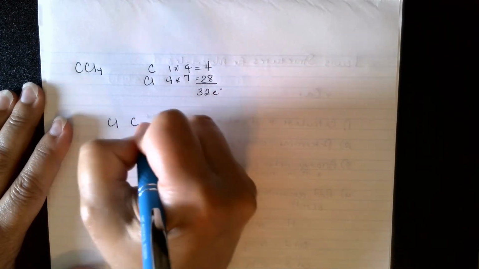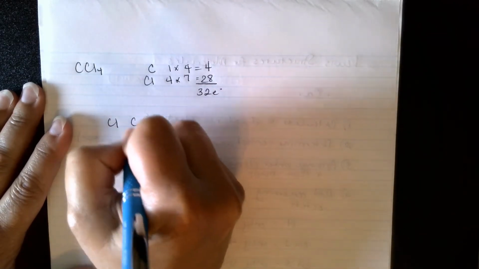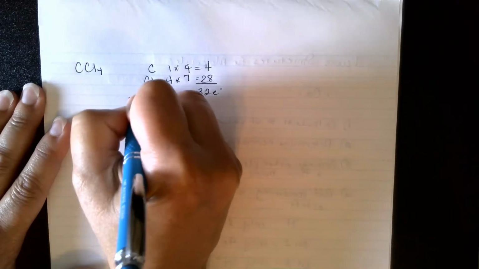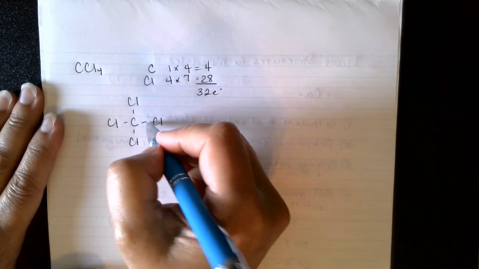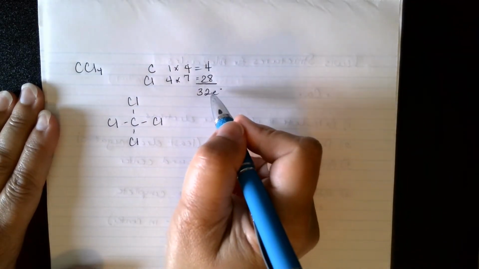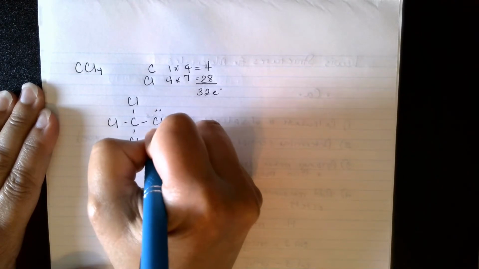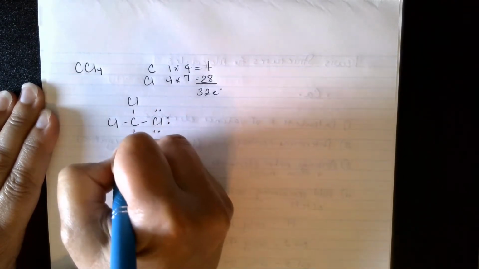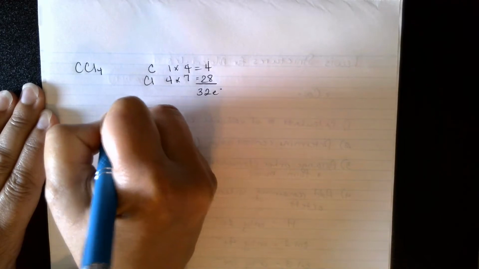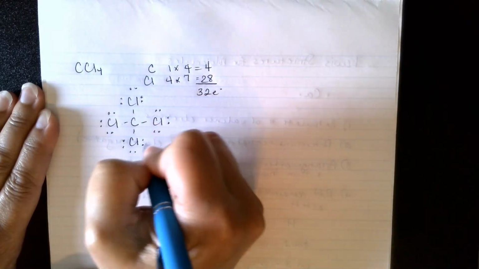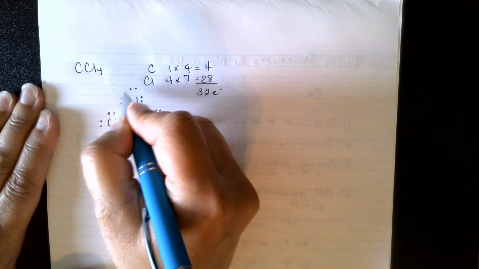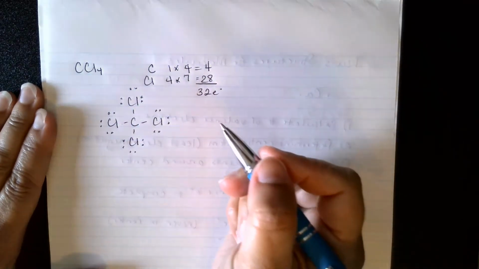Then I'm going to put chlorines on either side. So I have 2, 4, 6, 8, so I have a lot of electrons left, so I want to complete my octet around all of those. 2, 4, 6, 8, 10, 12, 14, 16, 18, 20, 22, 24, 26, 28, 30, 32. So that would be all of the ones that I would need.